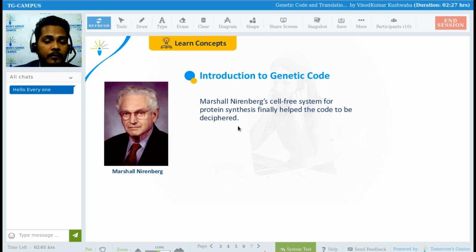Now then there is Marshall Nirenberg. A cell-free system for protein synthesis was finally developed, which finally helped the code to be deciphered. That means, what should be the code, Marshall Nirenberg worked hard to give the actual hypothesis of the genetic code.